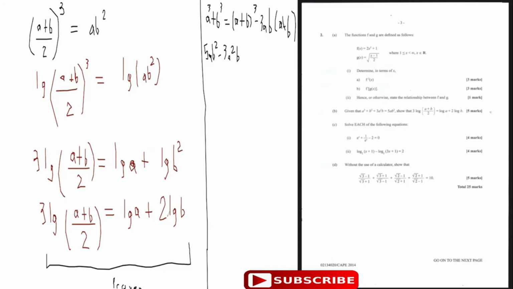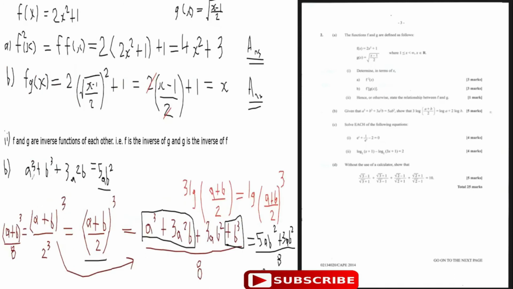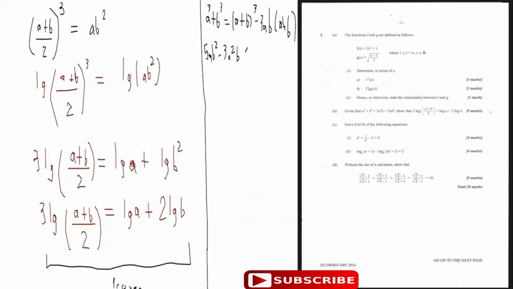All I did was make A cube plus B cube the subject from what is given. So bring over this. All right. So I would have gotten that, and that's equal to A plus B all cubed.